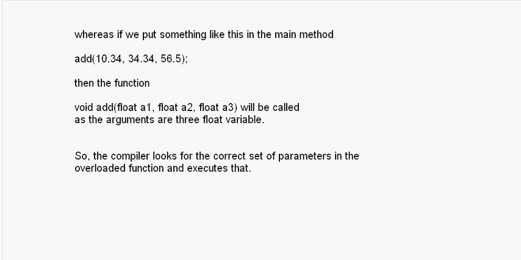So in function overloading, the compiler looks for the correct set of parameters in the overloaded functions and executes that. So the programmer has to take care that all the versions of the overloaded functions have been written correctly, so that the compiler doesn't encounter any error while calling those functions.